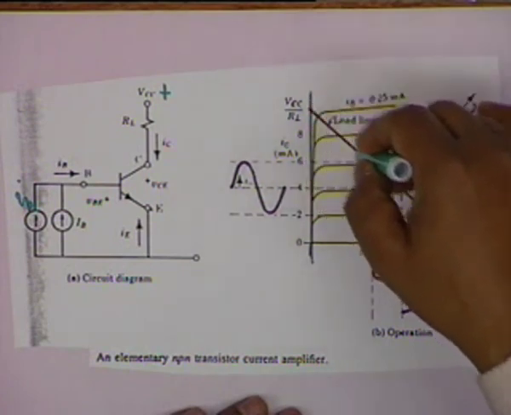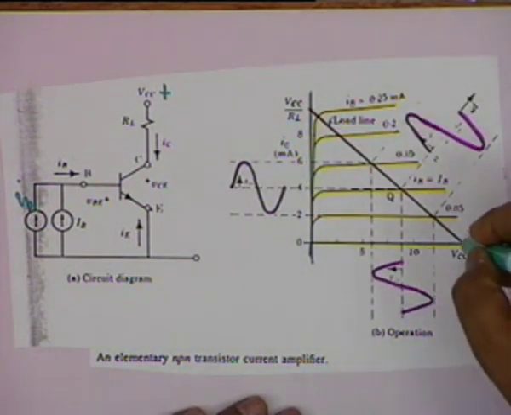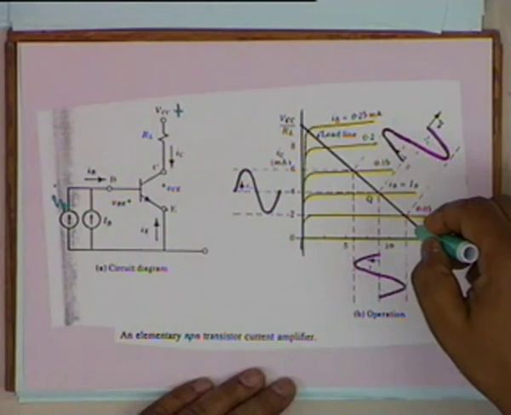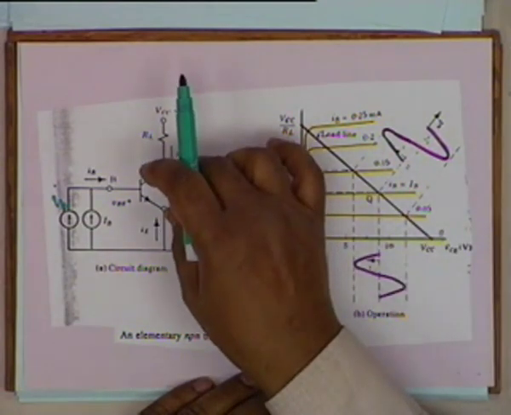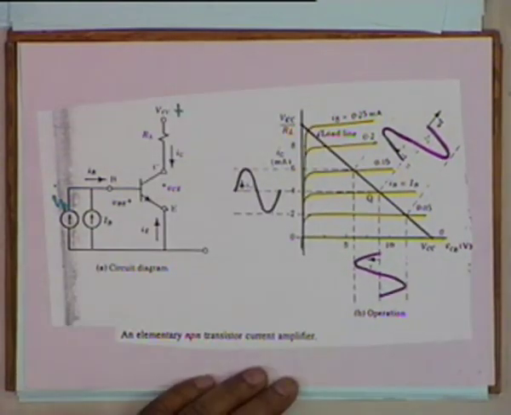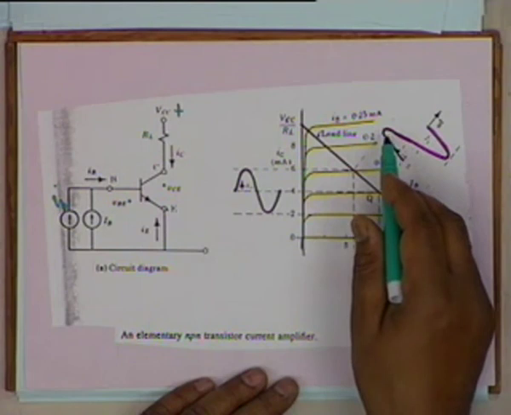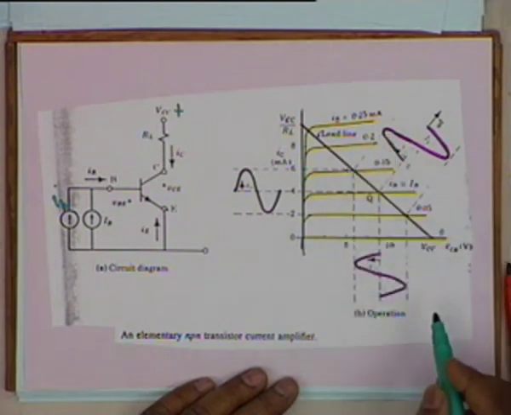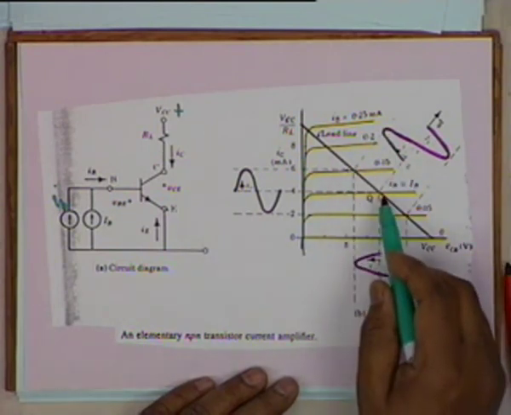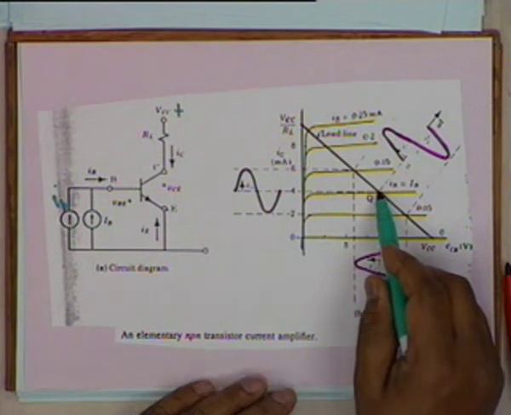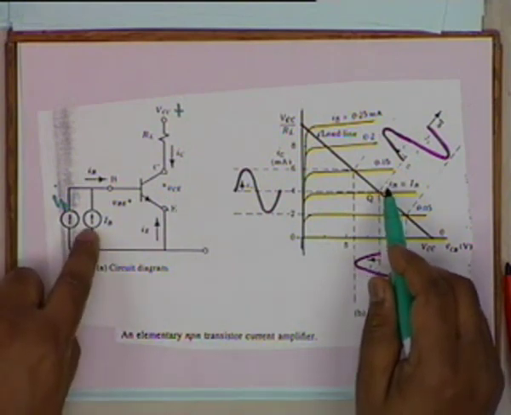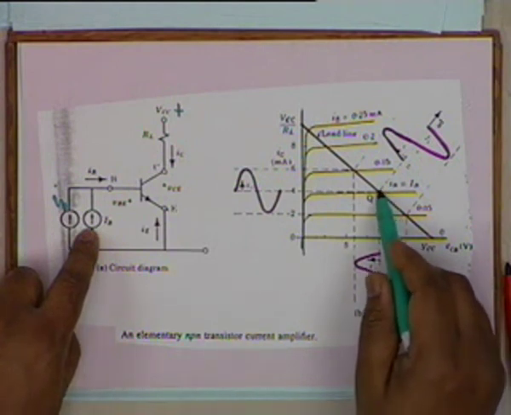This is the line which gives a plot of VCE equal to VCC minus I sub C RL. It is superimposed on the characteristic curves, and the intersection of this with the quiescent condition, that is I sub B equal to capital I sub B, gives the operating point Q.